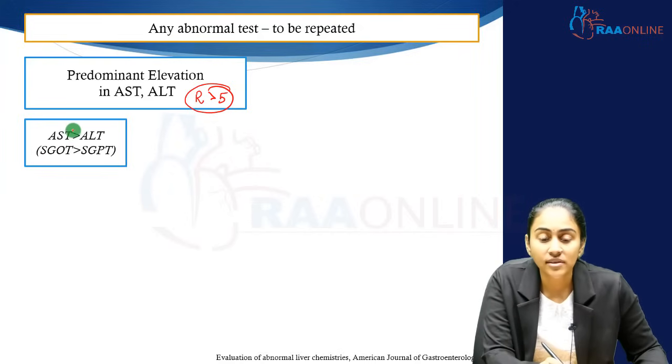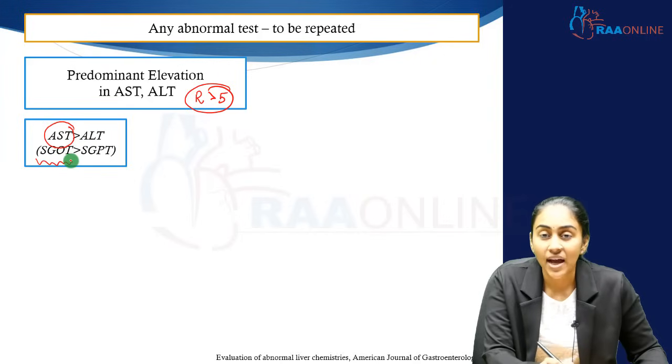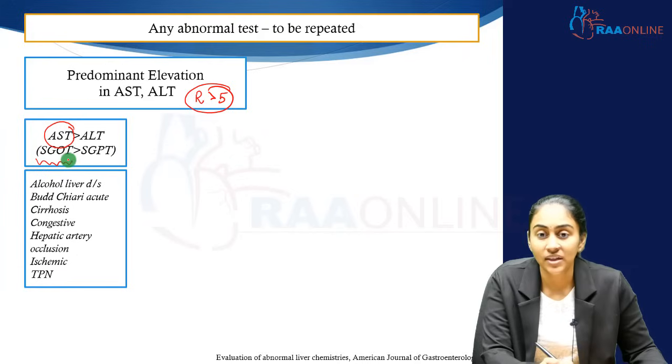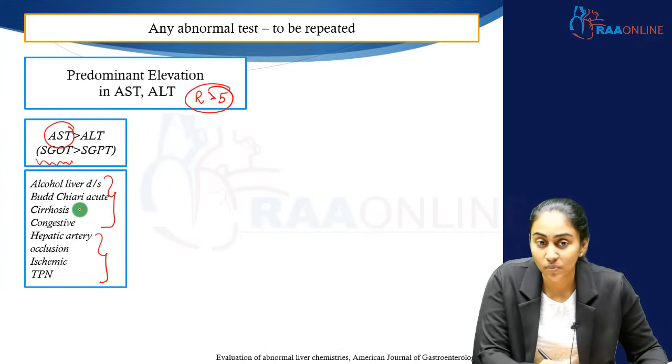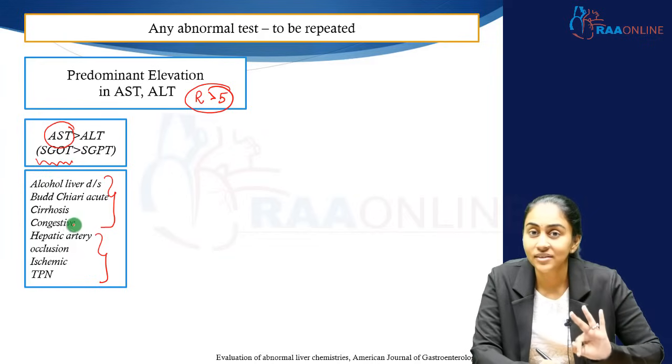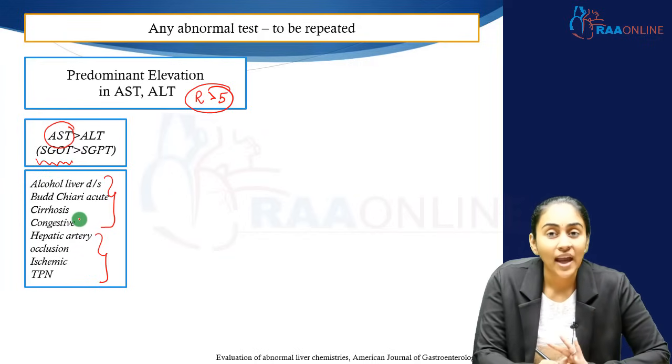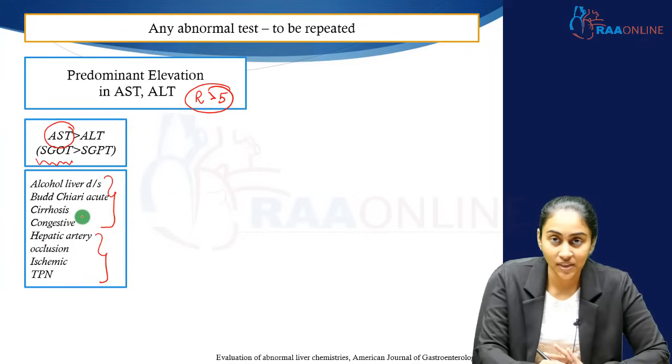So for instance, if the AST is going to be more than ALT, so if this patient has a SGOT predominant transaminitis, then we are looking at, so I remember this as ABC and HIT. So it could be alcohol-related liver disease, Budd-Chiari, specifically an acute Budd-Chiari, cirrhosis and congestive hepatopathy for C. So these are the three important ABCs for SGOT more than SGPT.